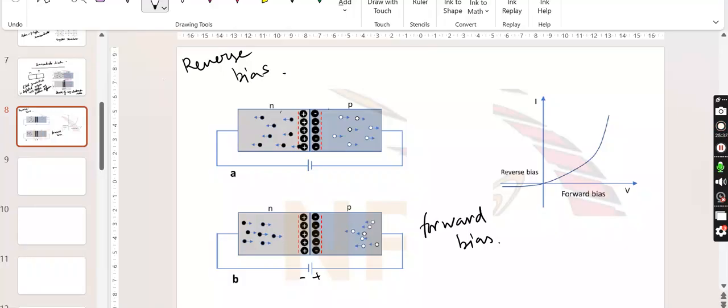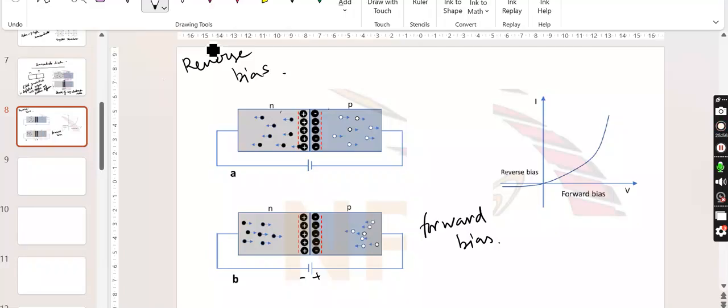The holes and the electrons continue to meet. Now there are more electrons on the n side and more holes on the p side, and they will recombine and basically annihilate each other in this junction.